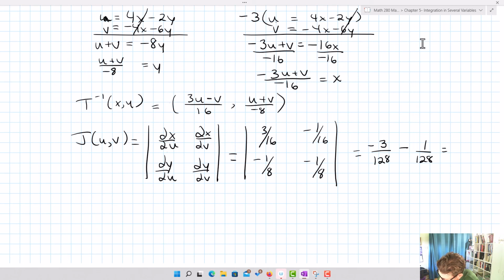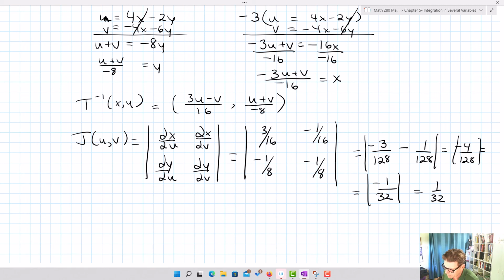So that ends up equaling negative 4 over 128, which equals negative 1 over 32. Our Jacobian then is going to be an absolute value, forgot to put that in there, so it's actually going to end up being 1 over 32. Okay, so there we are.